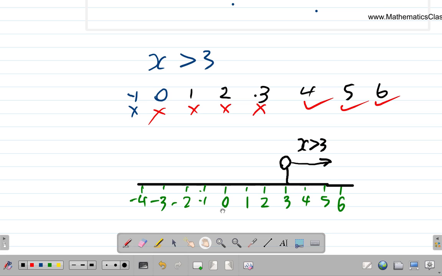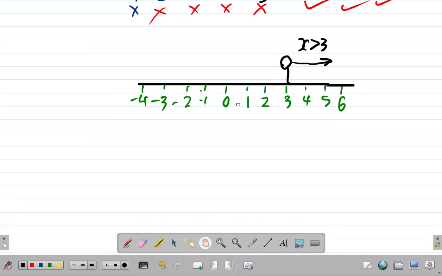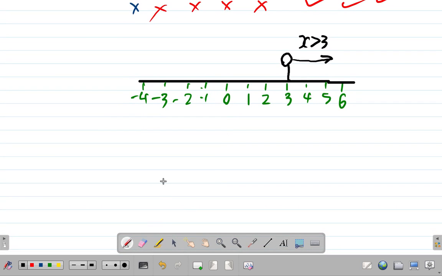Now, suppose 3 was in it. 3 was one of the numbers. How would you write that? You say x is greater than or equal to 3, because 3 is one of the numbers. So x can be equal to 3, but x can also be greater than 3.